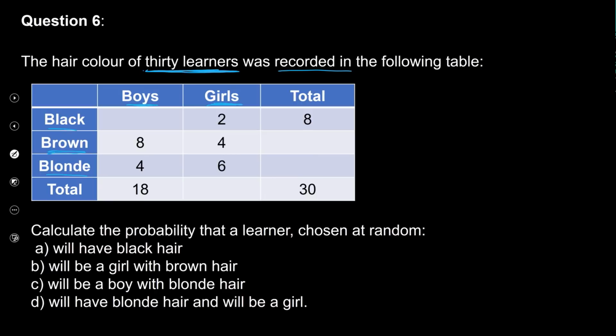So if you see here, we have 18. So this 18 is 8 plus 4. Is that 18? No. So if I look at this table, that is actually 12. So it implies here, there must be a 6 to give us 18. Can you see that? If I add, I should get 18.